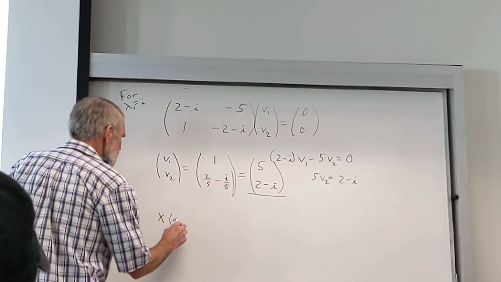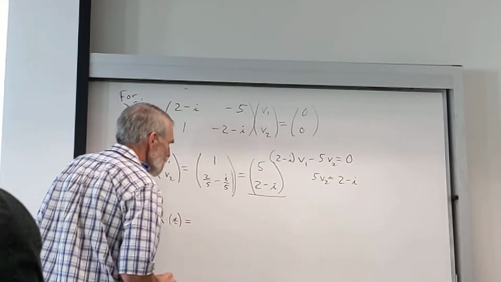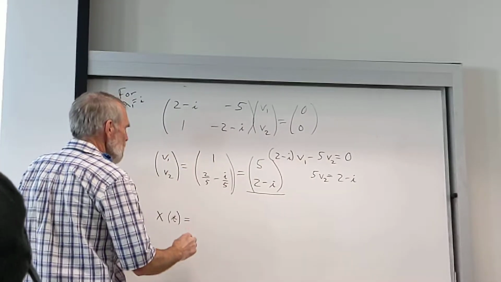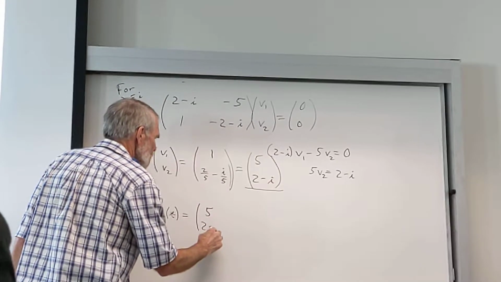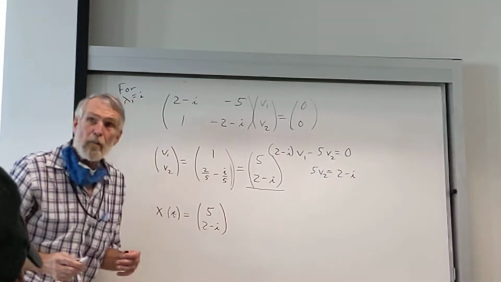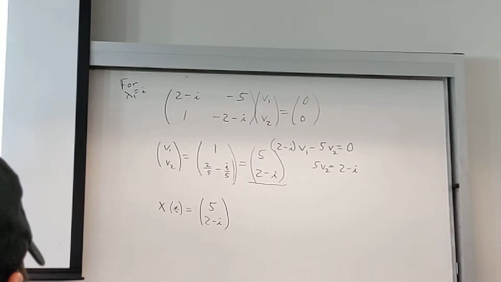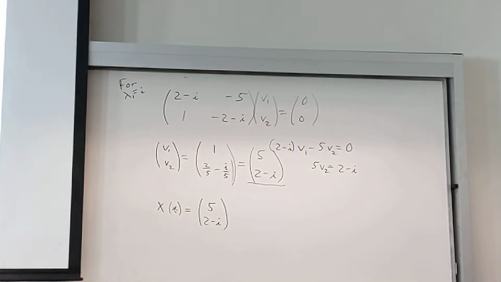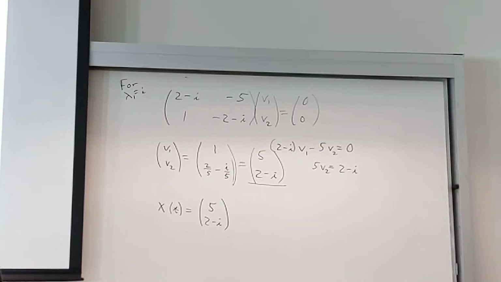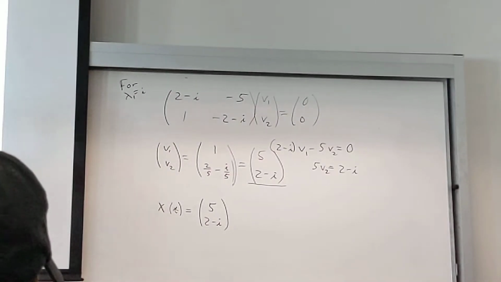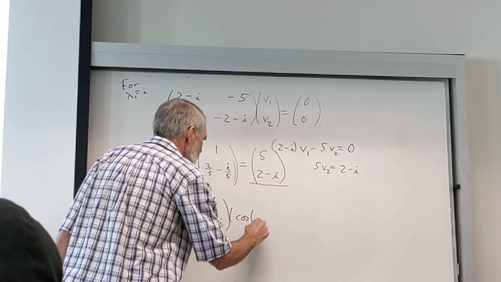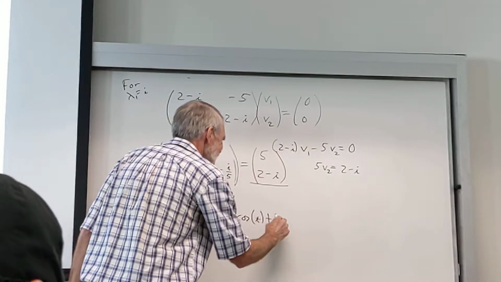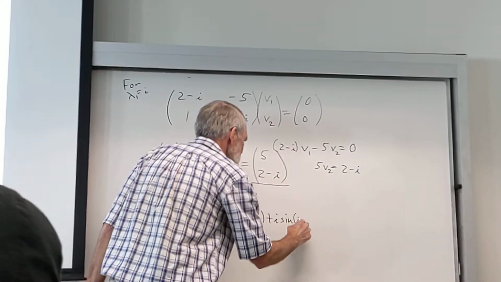So my x of t is going to be equal to this vector 5, 2 minus i, the real part e to the mu t is of course 1, because there is 0 real part on this eigenvalue, multiplied times cosine t plus i sine t.